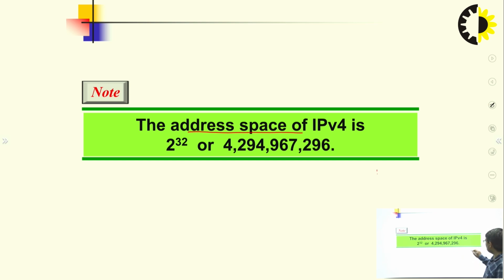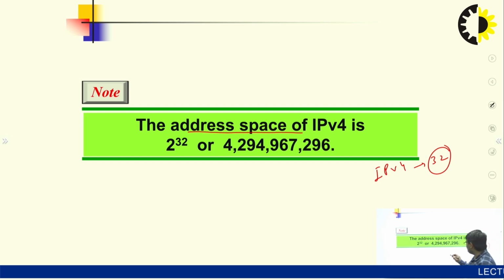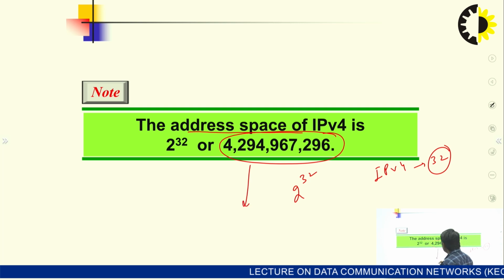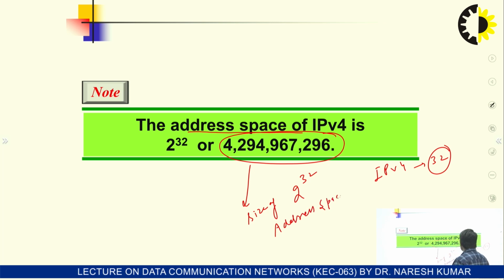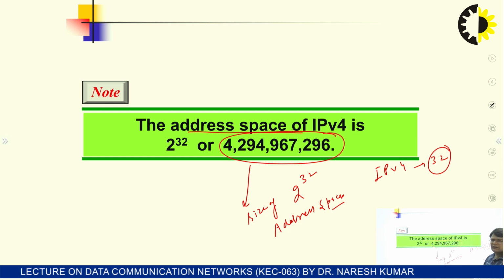We know that IP version 4 is a 32-bit long address. So the total address space, or total number of IP addresses, will be 2 raised to power 32. This is the total size of the address space that can be connected with the network. Beyond this, we will require IP version 6.